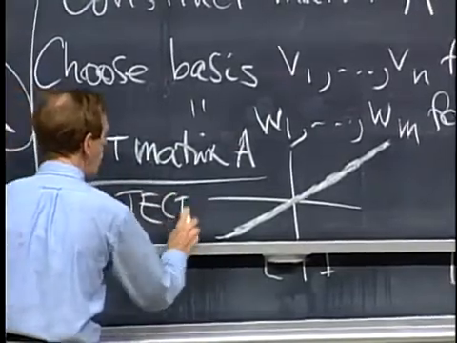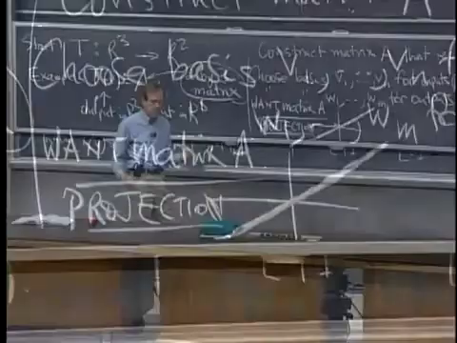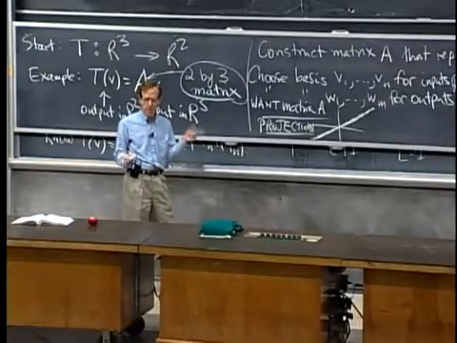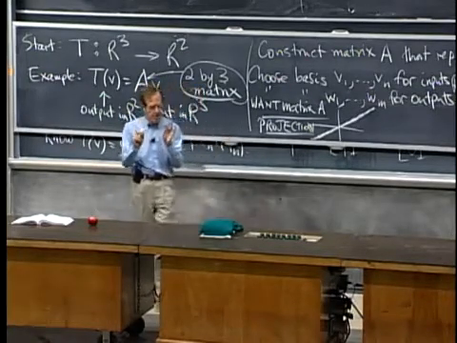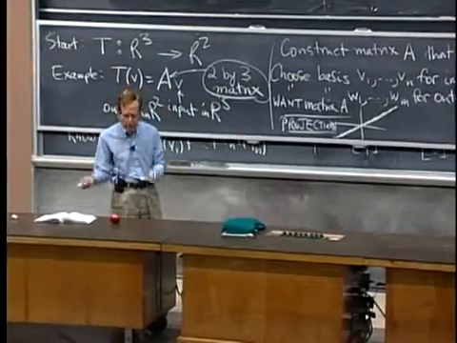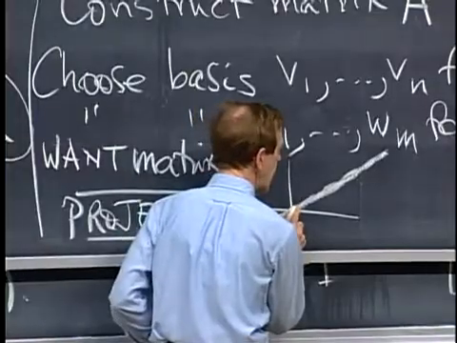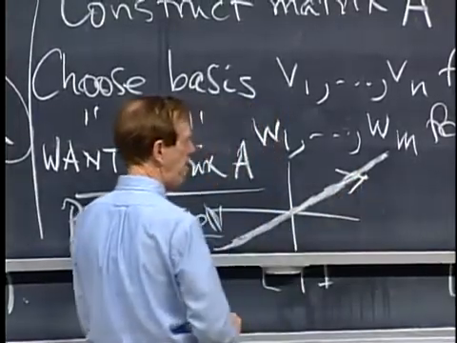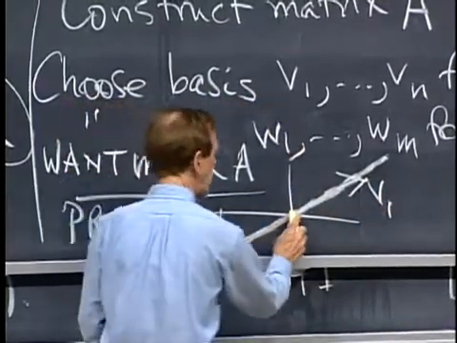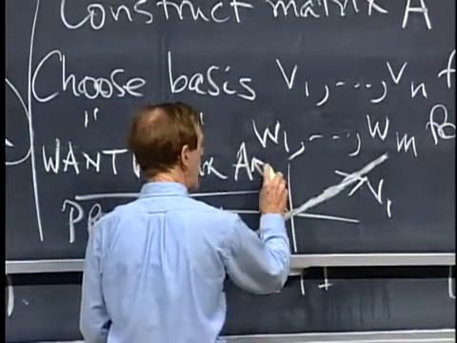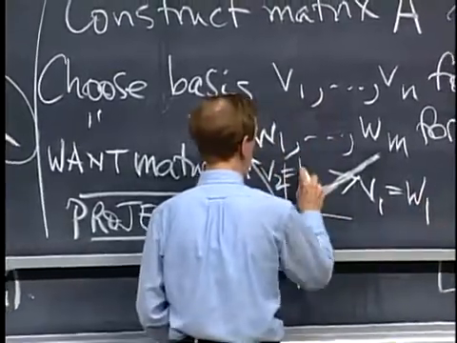But I'm going to choose a basis that I like better than the standard basis. In fact, I'll choose the same basis for inputs and for outputs. My first basis vector will be right on the line. There's my first basis vector, say a unit vector on the line. And my second basis vector will be a unit vector perpendicular to that line. And I'm going to use that as the output basis also.